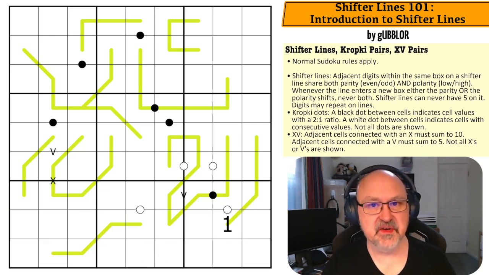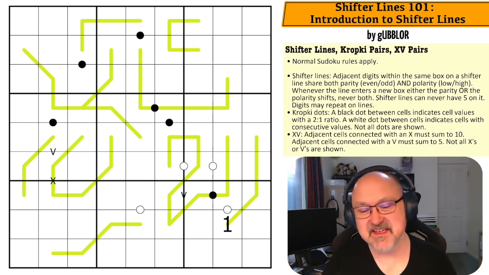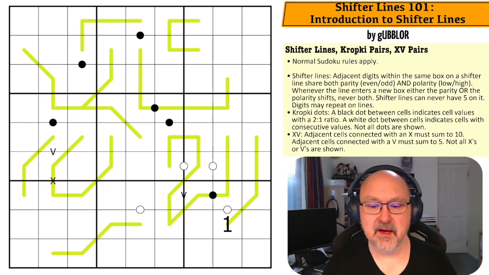This is an introductory puzzle to that constraint. New constraint, moderately new setter, something cool to look at. That's right up my alley. That's exactly what I'm looking for. So let's have a look at this one, shall we?